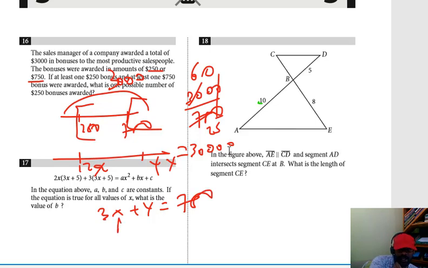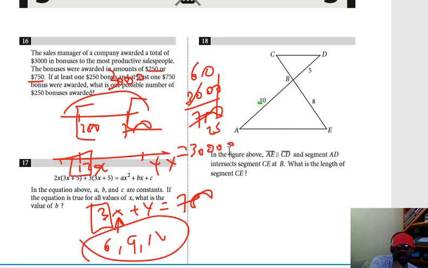So the key here is x is a multiple of 3. The $215 award count is a multiple of 3, therefore any multiple of 3 could work, and your maximum here is 12. So 6, 9, and 12 could work. You can substitute either 6, 9, or 12.